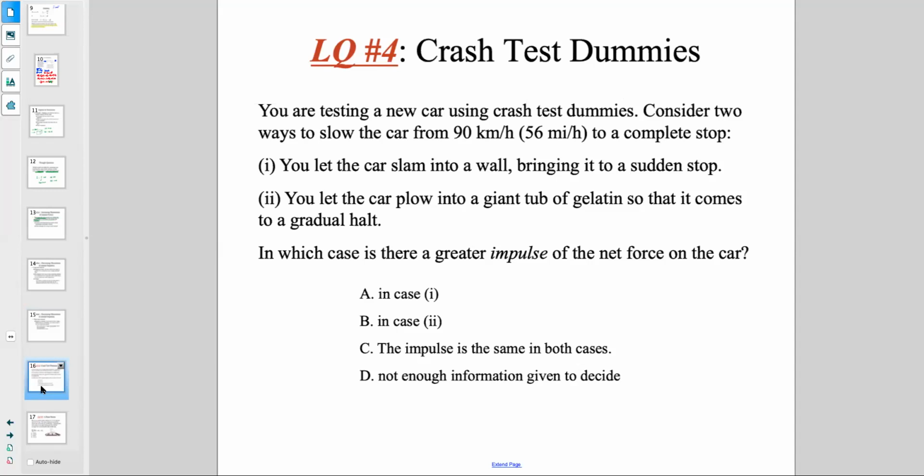Two, you let the car plow into a giant tub of gelatin, so that it comes to a gradual halt. So it will take a much longer time rather than a sudden stop. A sudden stop means that the delta t here is very close to zero, in a matter of maybe 1 second, in which case there is a greater impulse on the net force of the car.